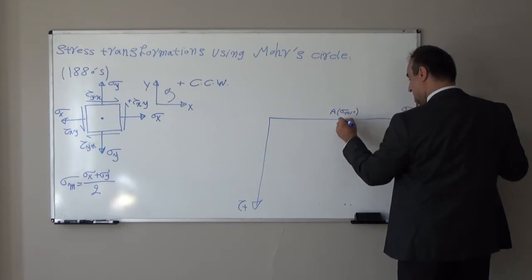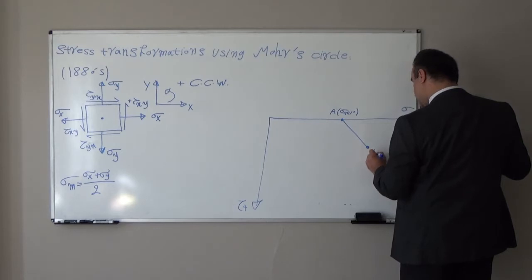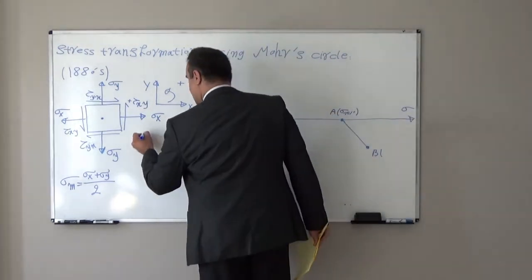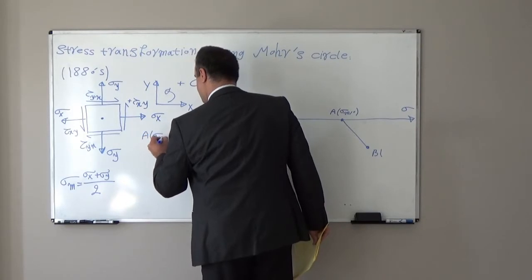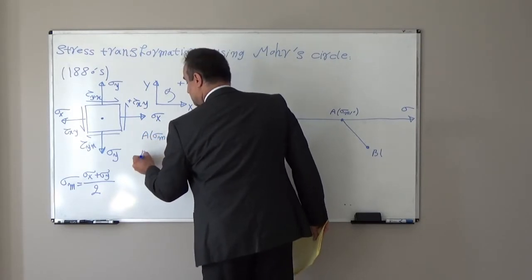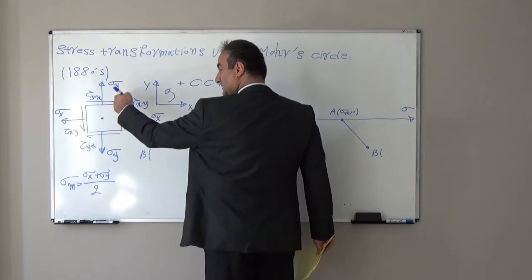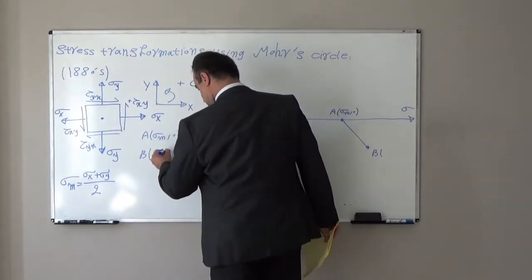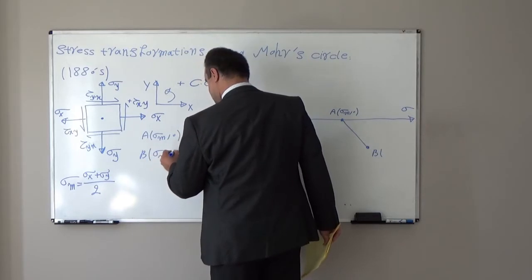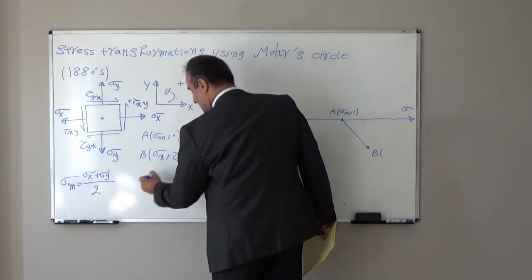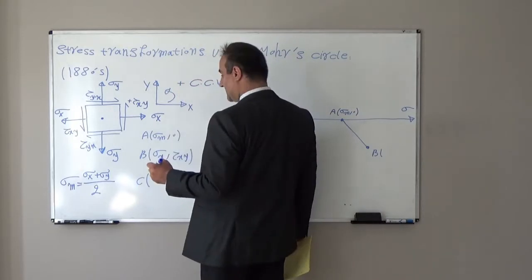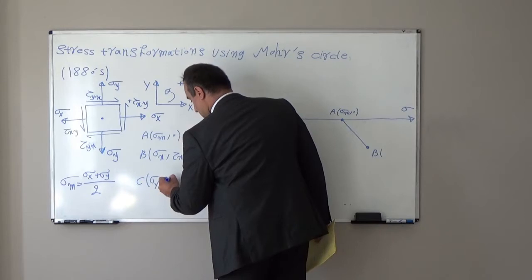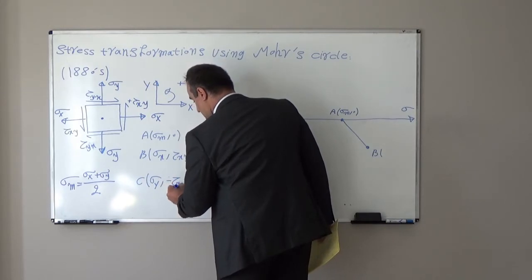Then we had point B, which was the stress on the x face of the element. Stress on the x face of the element means the face perpendicular to the x direction, so it is sigma x and tau xy. Point C was the stress on the y face of the element, so sigma y and negative tau yx.